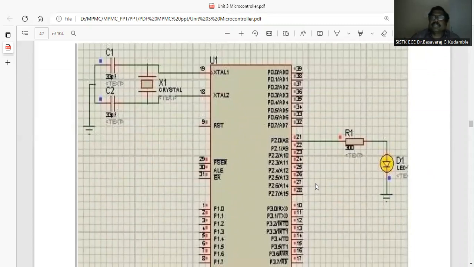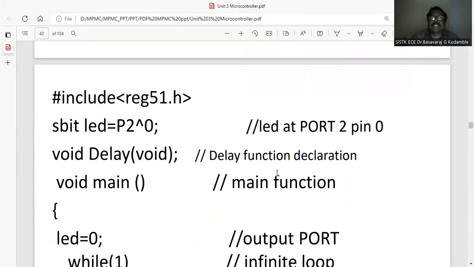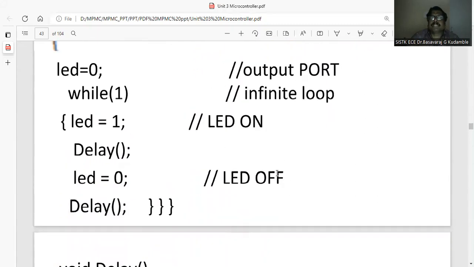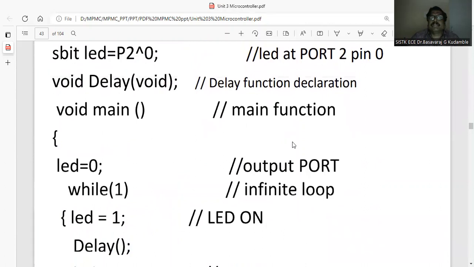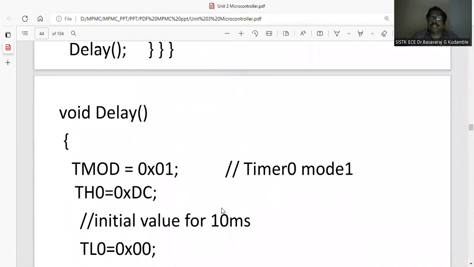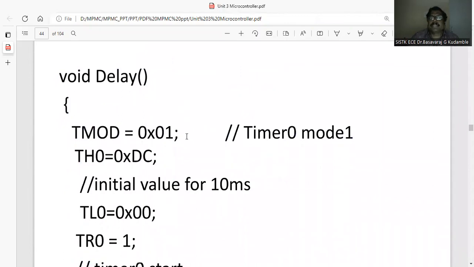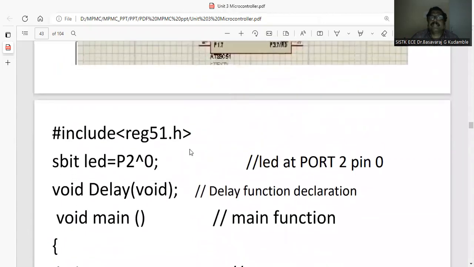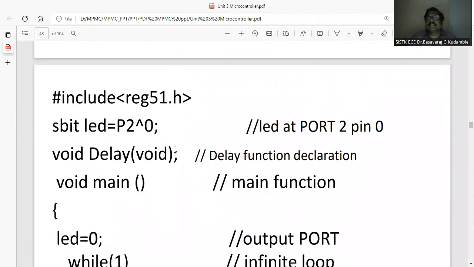So every few milliseconds we are going to toggle the LED, with the delay generated by the timer. The same program in embedded C, we are generating the delay with the help of the timer. The same 10 millisecond delay, and we are using the LED to toggle.